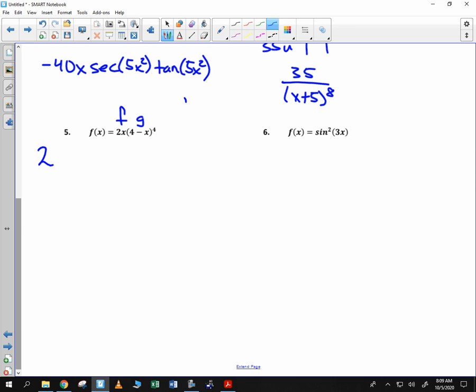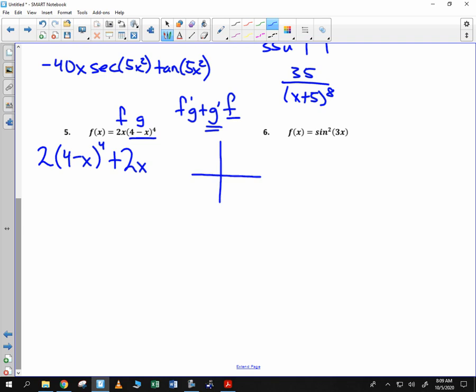So right now I'm using f prime g plus g prime f, the product rule, times 4 minus x raised to the fourth power, plus I'm now going to write f, which is 2x, times g prime. In order to find the derivative of g, I now set up the chain rule. The outside is u to the fourth.